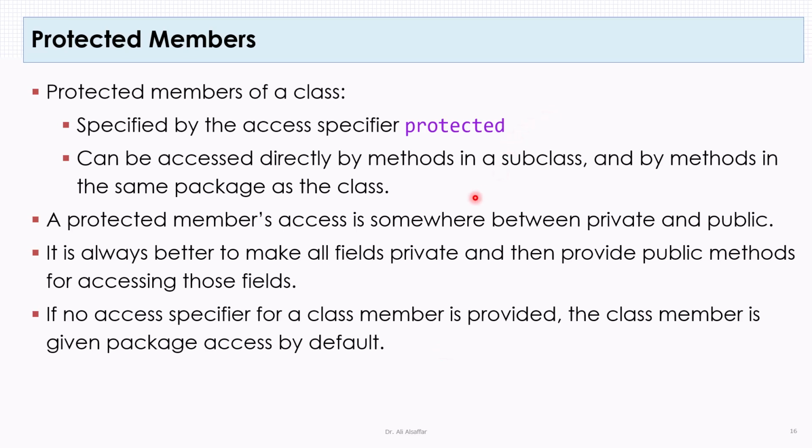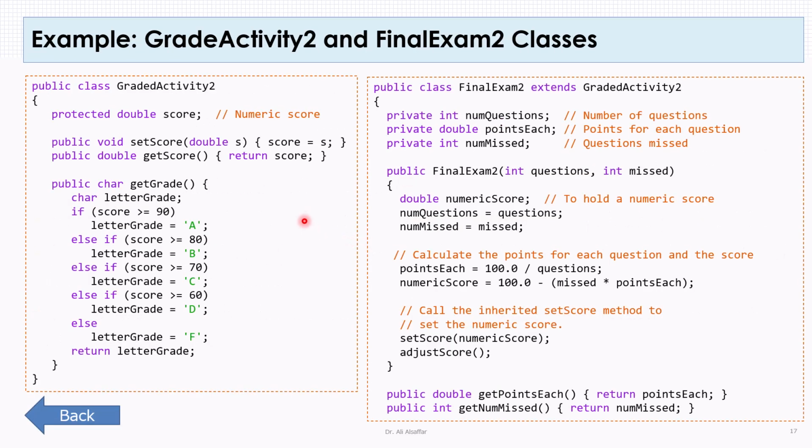As an example of a superclass that has a protected data member, let me show you how we can access this data member when we have a subclass from this superclass. This example is just a copy of a previous example that we have discussed before. The superclass was GradedActivity and the subclass was FinalExam.